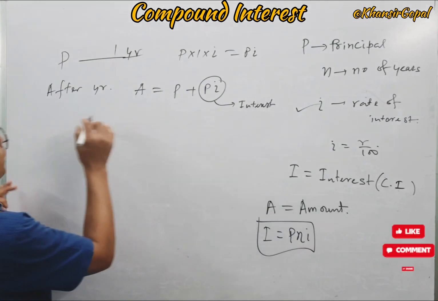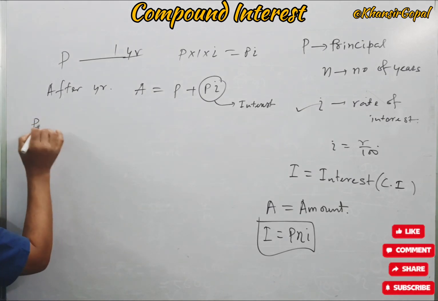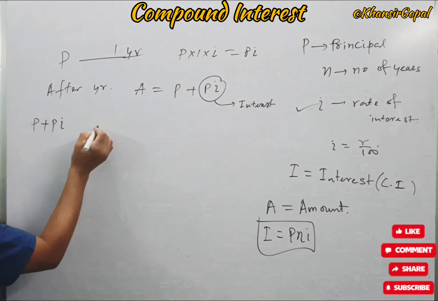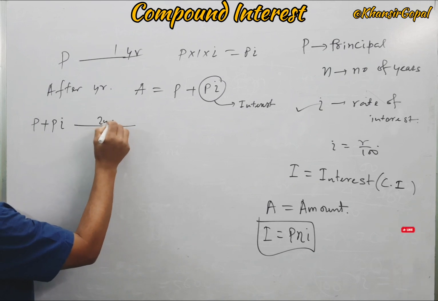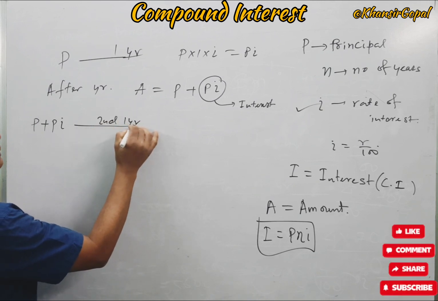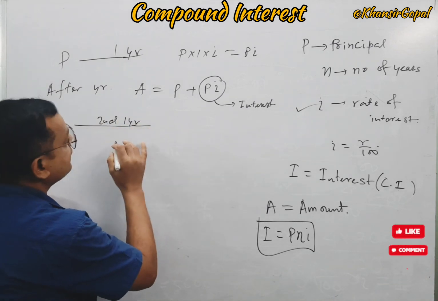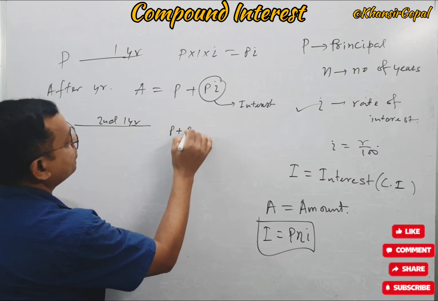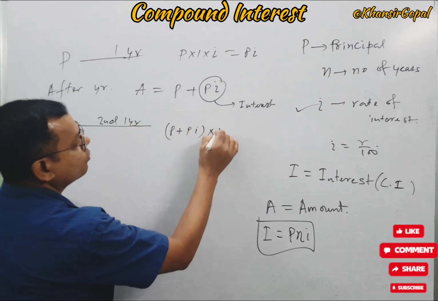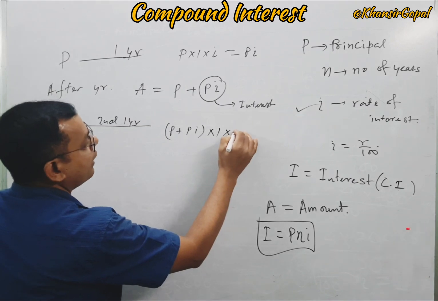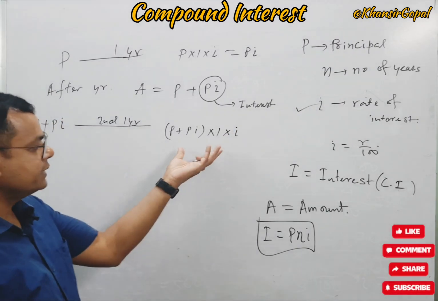Look, when you keep this money, it becomes principal again and works for the next 1 year, and you get interest P plus PI into 1 year into I. So what is the interest here?